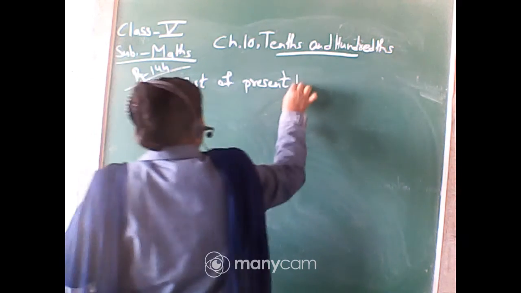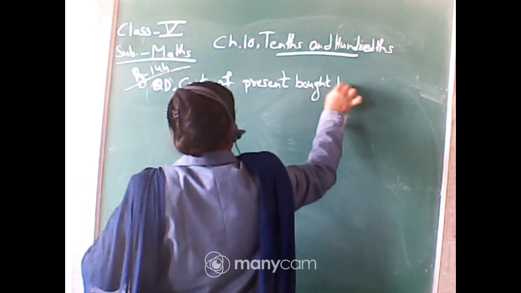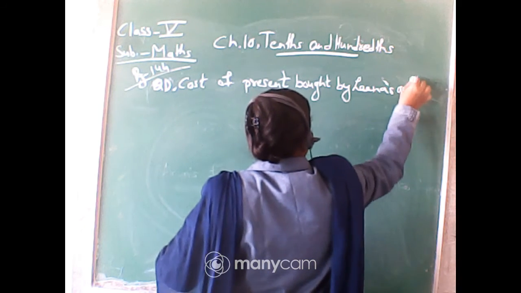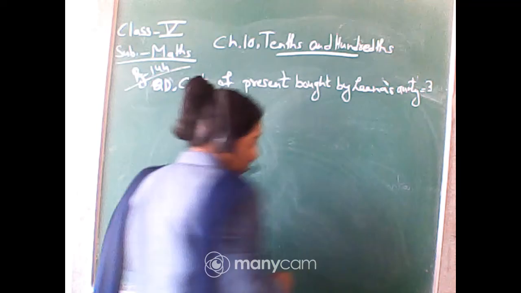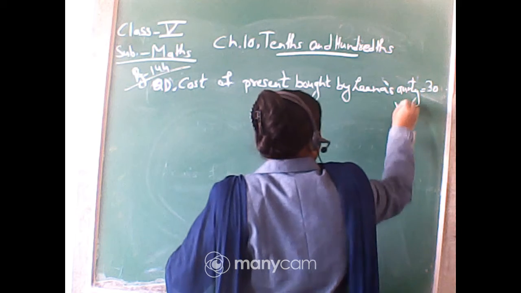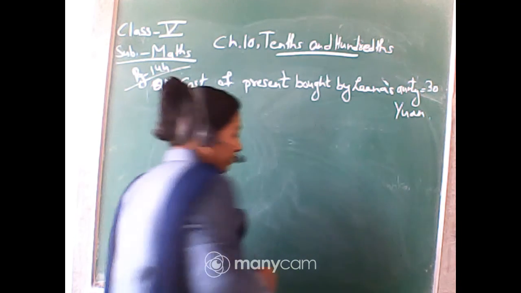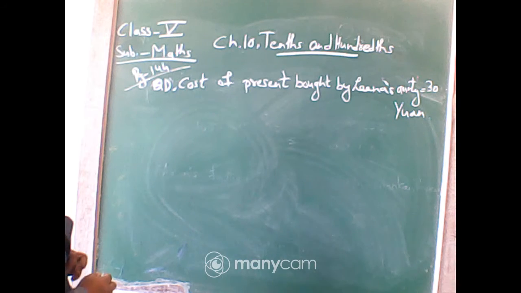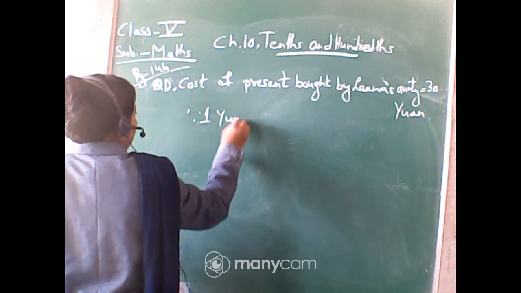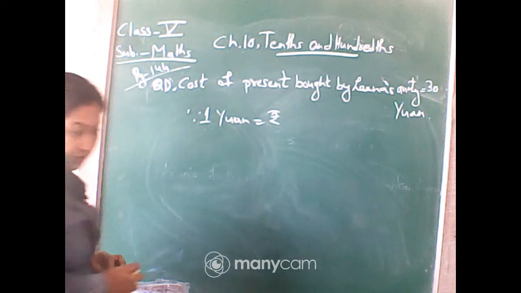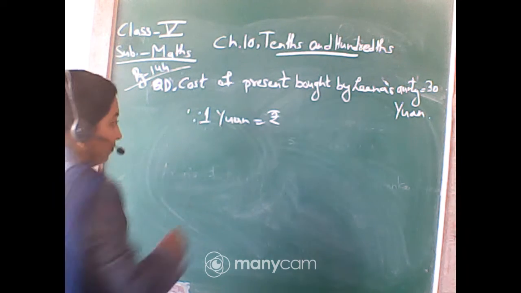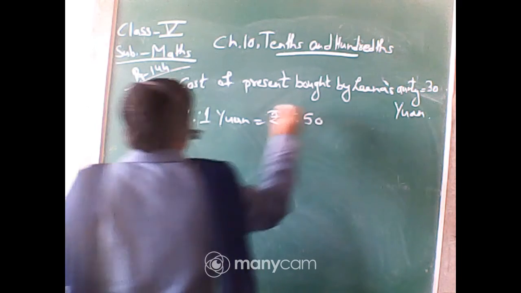Bought by Leena's auntie is equal to 30 yuan. See, I don't have the space, that's why I am writing here, but you will write straight. There, since 1 yuan is equal to rupees, from the table it is 5.50.